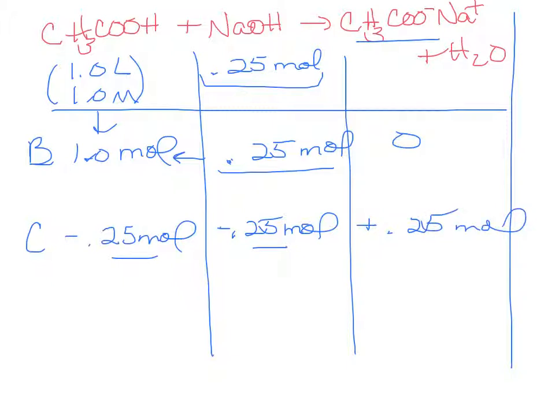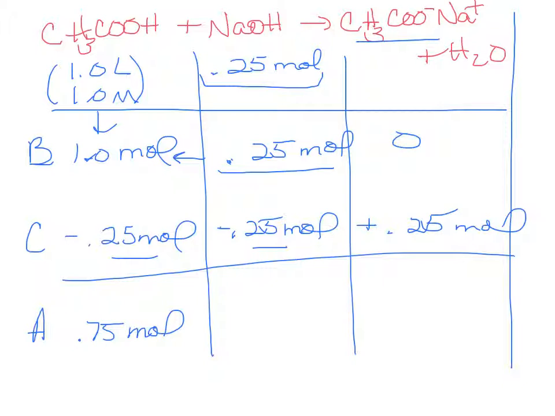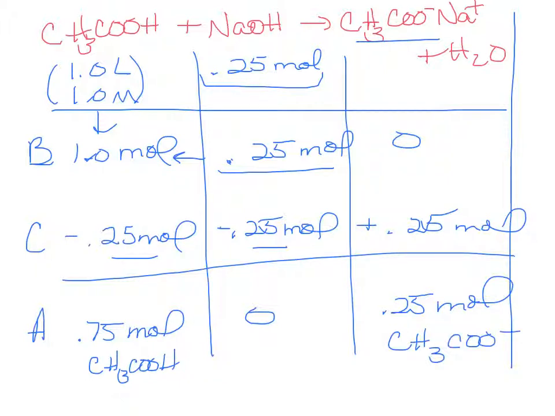So our final, or after, amount after the reaction, we are going to have 0.75 moles of the acetic acid left, and none of the sodium hydroxide. It's all going to react, and we are going to have generated 0.25 moles of the conjugate base, the acetate ion.